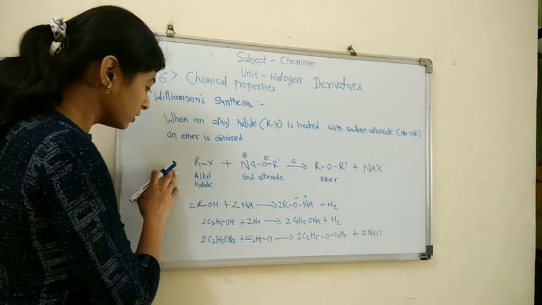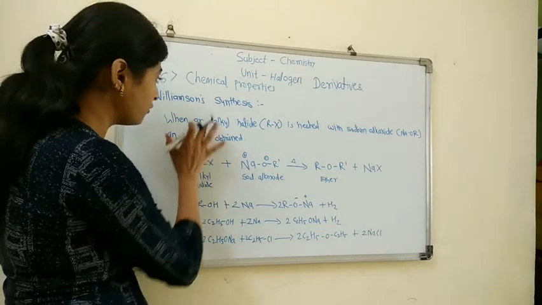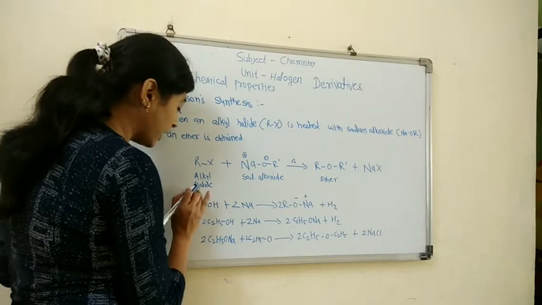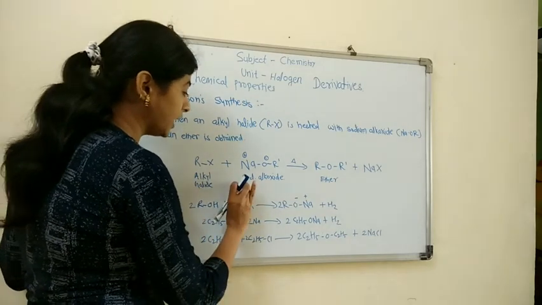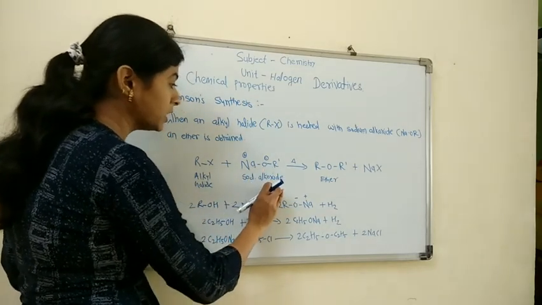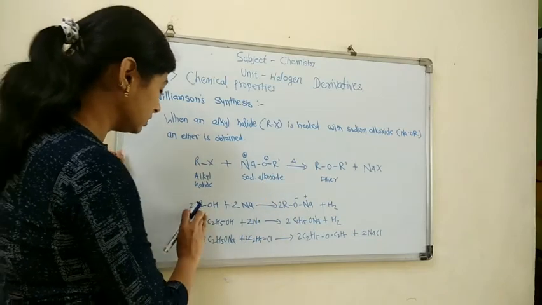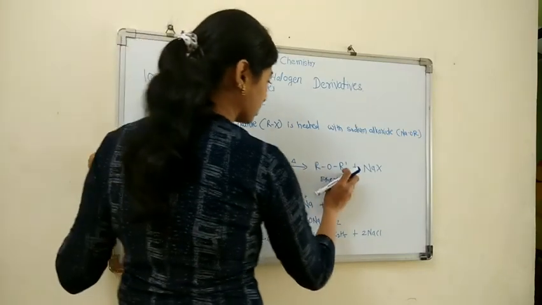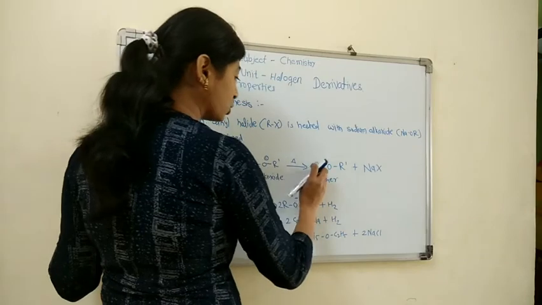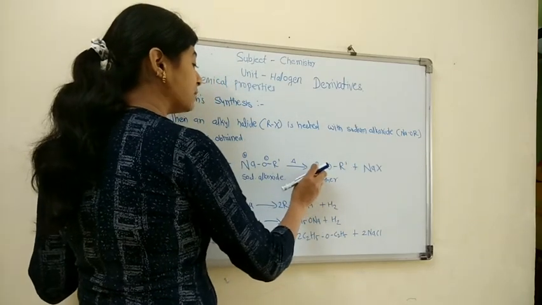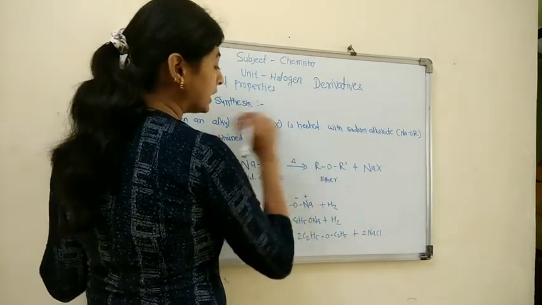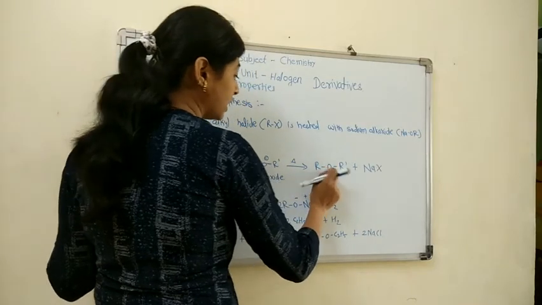Now, the general representation of Williamson synthesis: when alkyl halide is heated with sodium alkoxide, we get this ether. R group and R dash may be same or different alkyl groups, where O represents the ether.